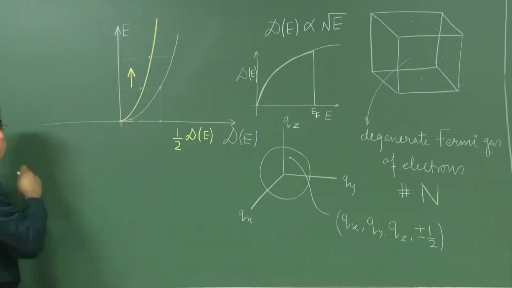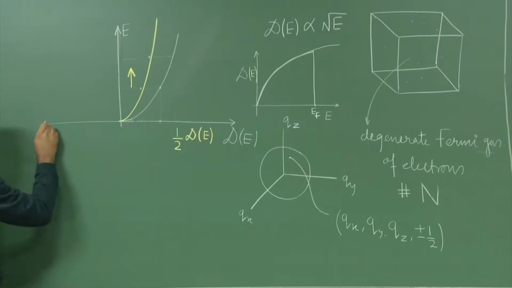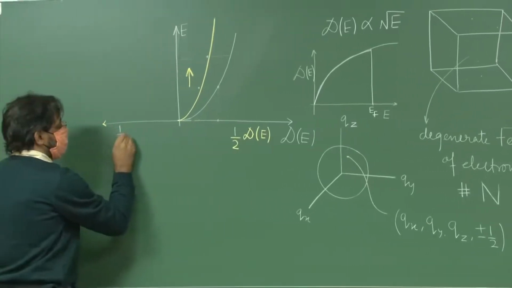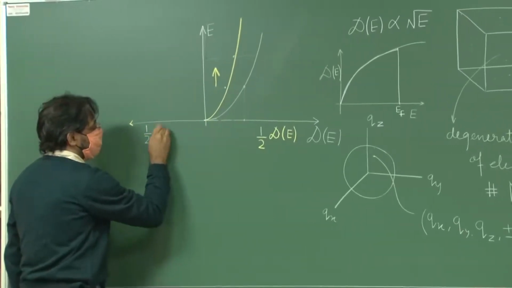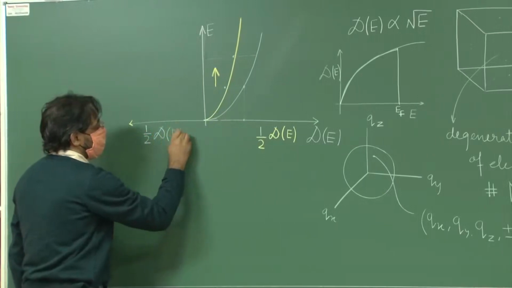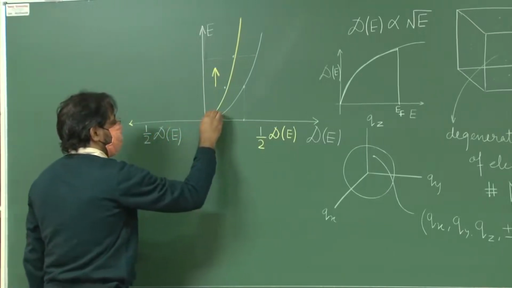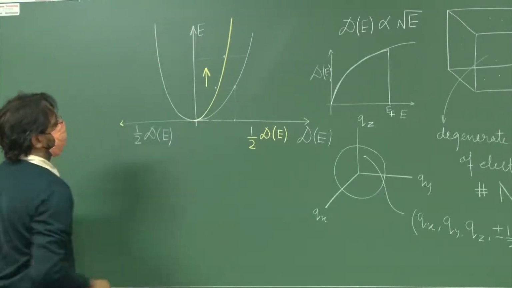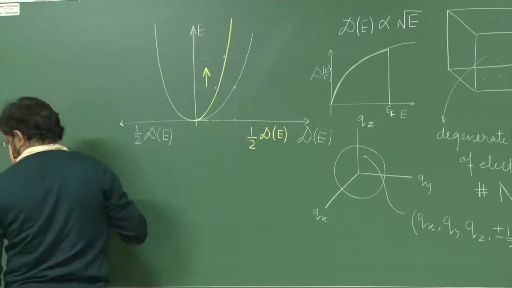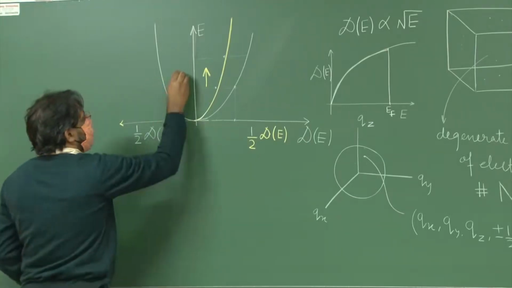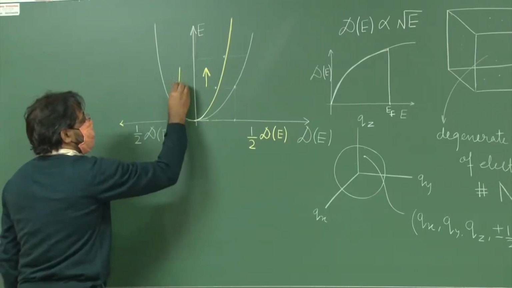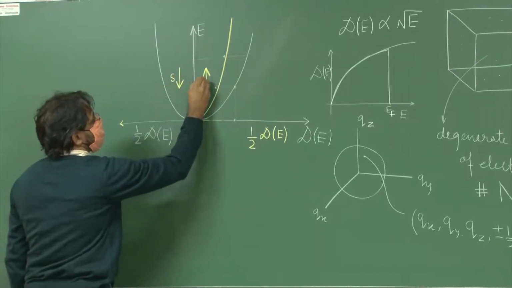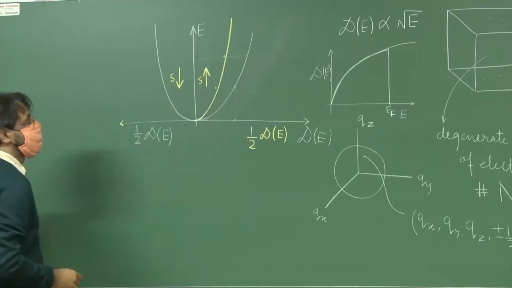Similarly, I can have 1/2 D(E) on this side for the electrons with spin down. So this is for spin up and spin down.